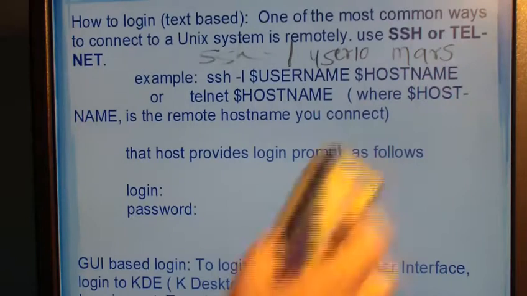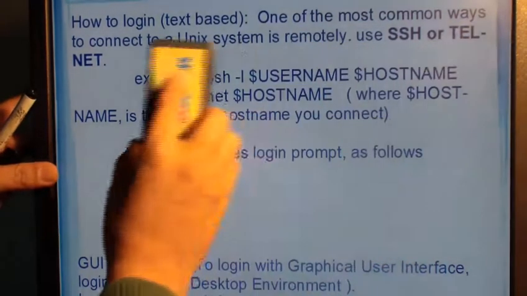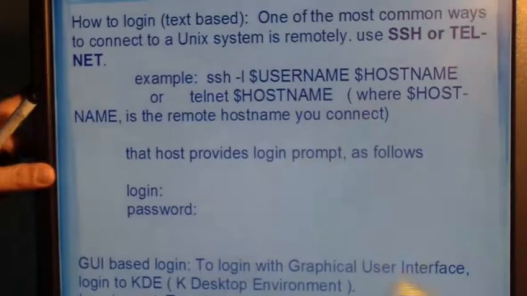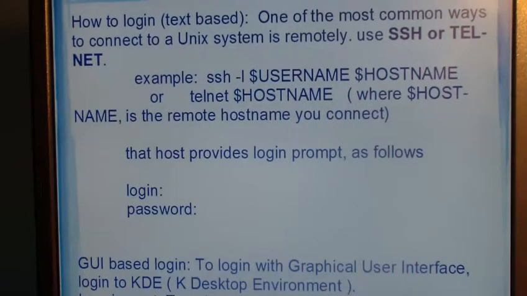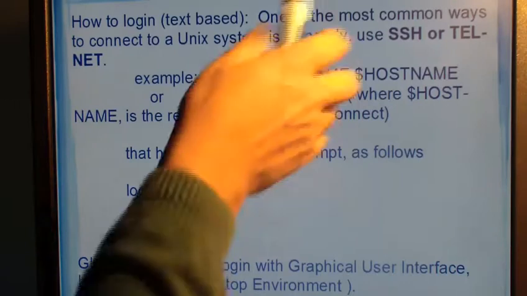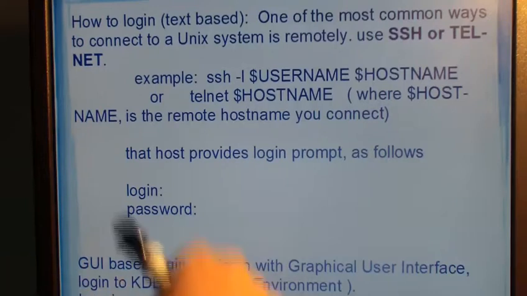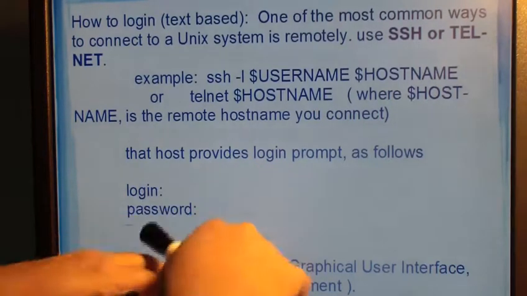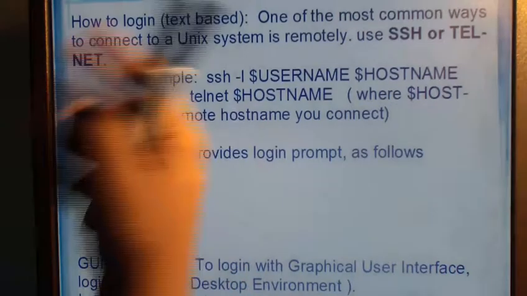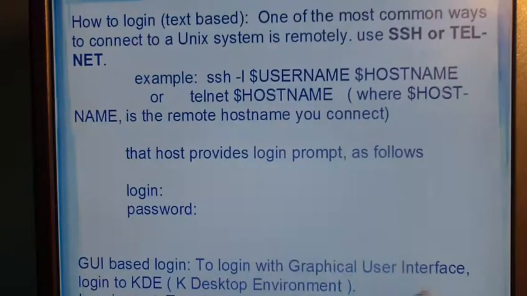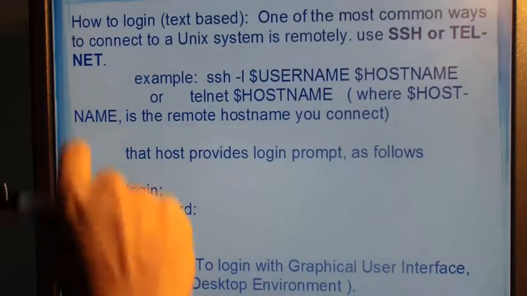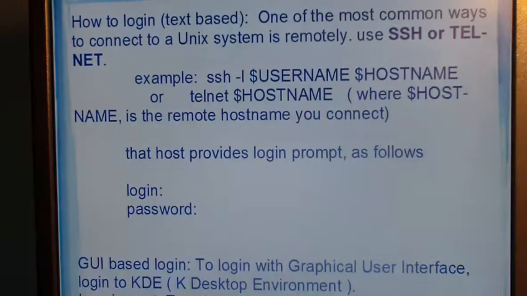Most of the times you have to connect remotely, like from a PC or laptop. We directly start the laptop and log into that machine itself. But Unix is a big machine, and you have to connect from one small PC to another big server, or we can say the Unix operating system.